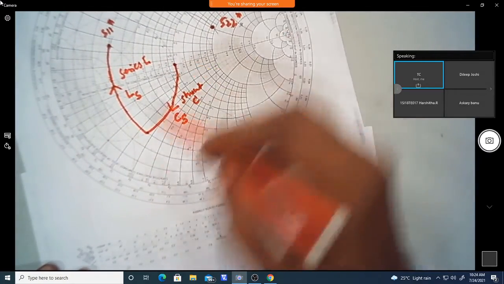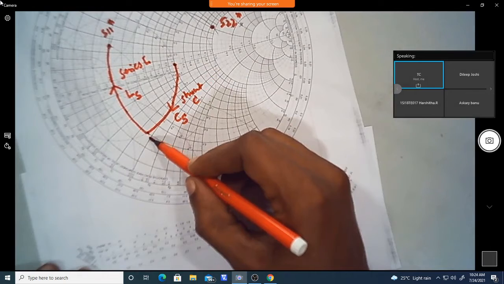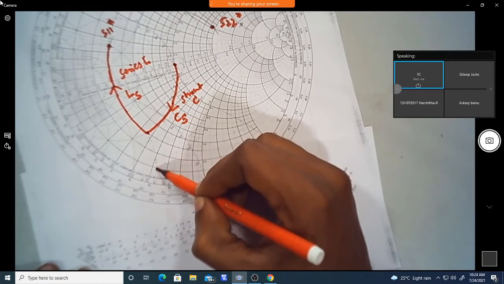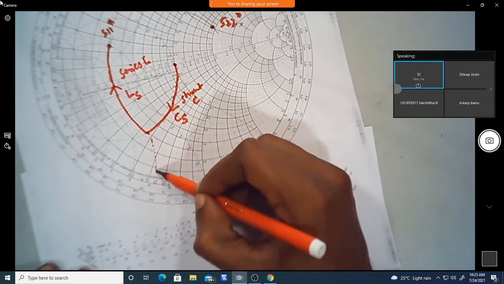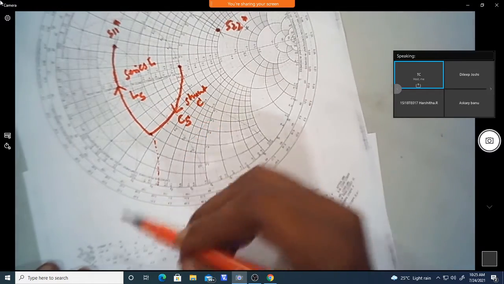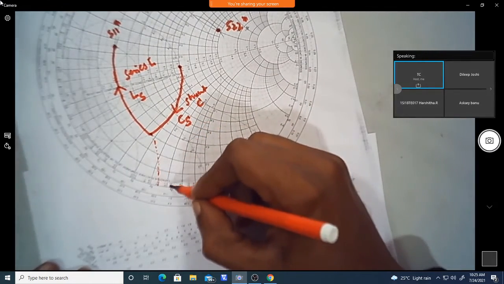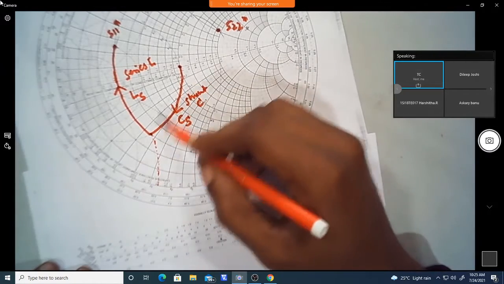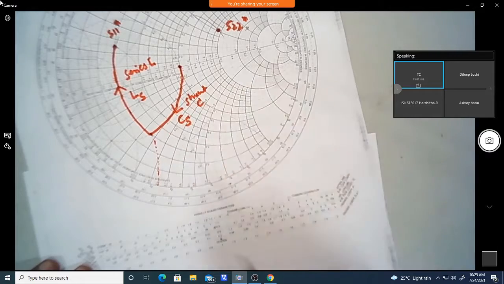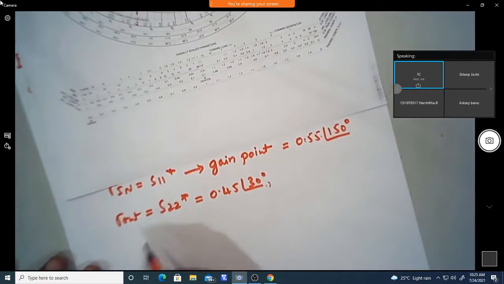This is 0, and this is where we get the susceptance value. You need to read it in the Y chart because it is a shunt C. Around 1.58 is what I am getting. So this is 0 and this is 1.58. That value we can mark as J 1.58.